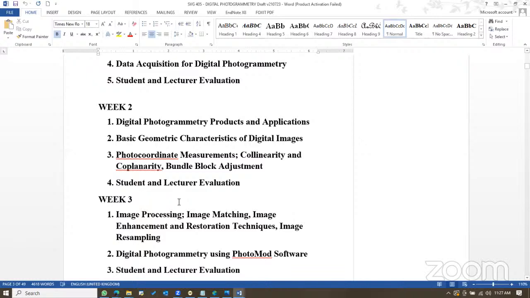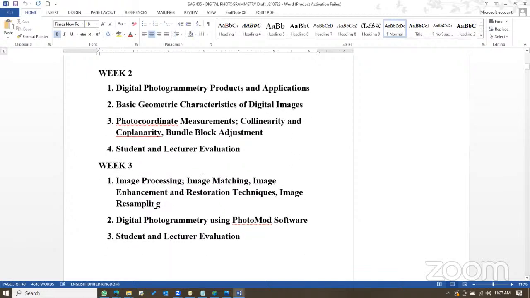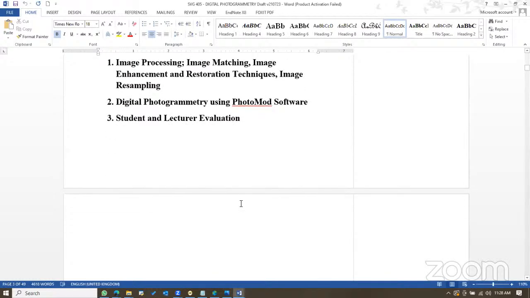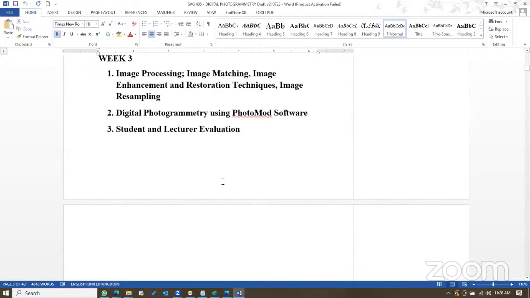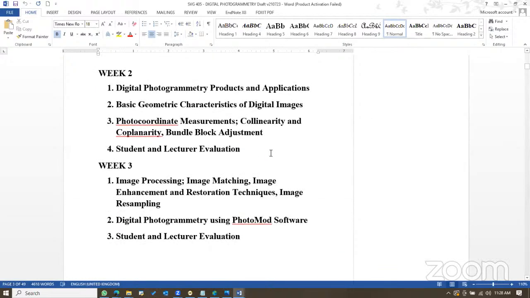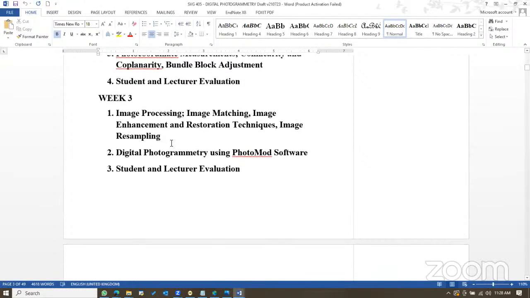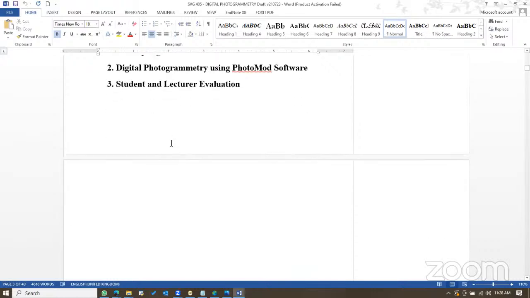We also did geometric characteristics of the images, and we look at image processing, image matching, and image enhancement. We focused on image enhancement, and I gave you the materials, and there are short questions on image enhancement. So be rest assured that you are getting them.